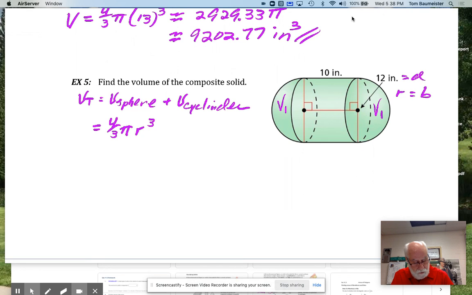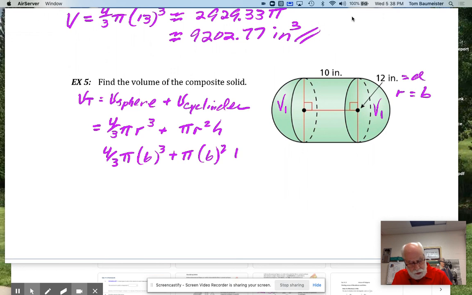All right, and then the volume of the cylinder would be pi times r squared, right, which is our capital B, remember, times h. Okay, so on this one here, again, let's plug in our r. And our h is 10 inches. There's our h.